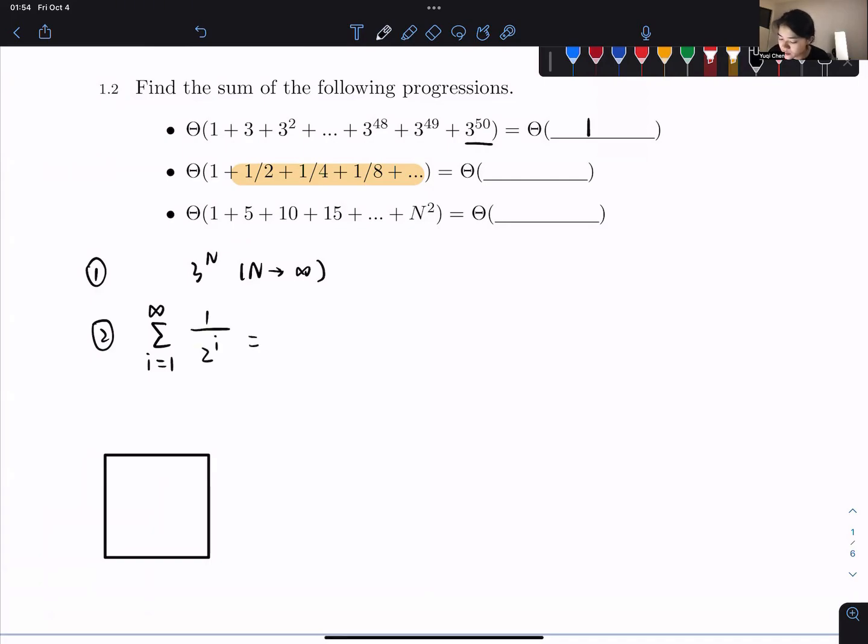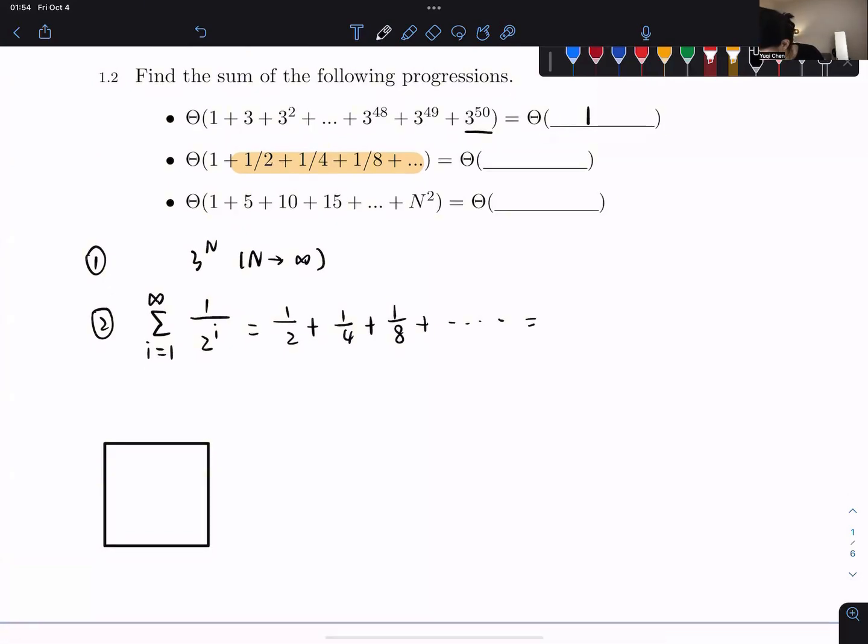If you plug in different values of i, this gives 1/2 plus 1/4 plus 1/8 plus and so on. And the sum of these numbers is 1 minus 1 over 2 to the power of i.